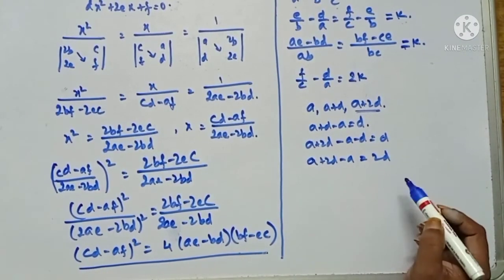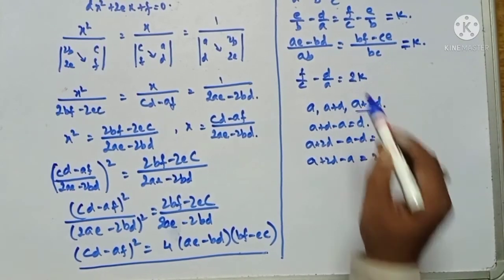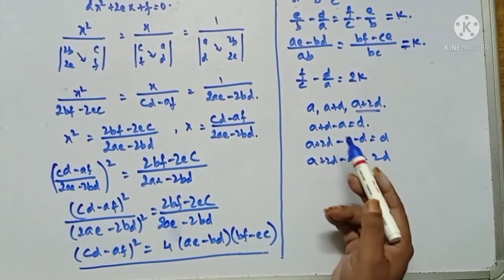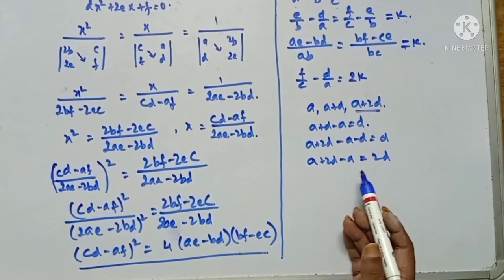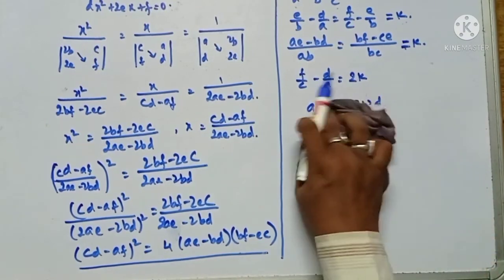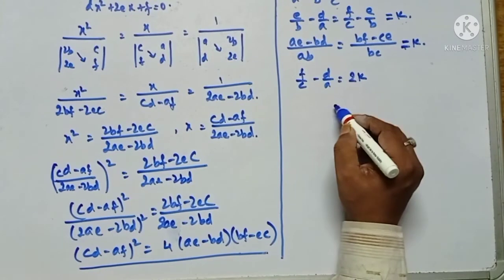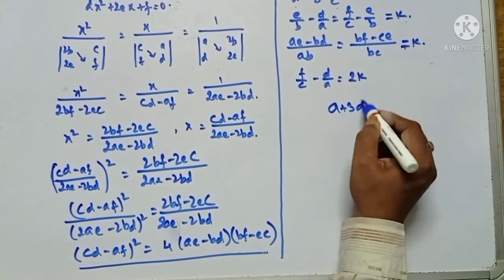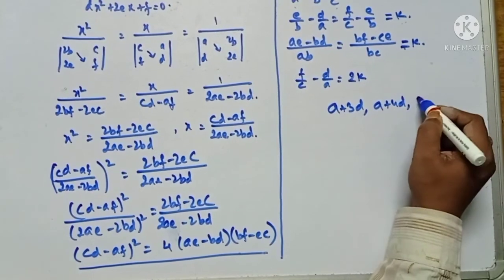Now I think it is clear why this is 2k. If you take the general term, it is clear. Or you can also take A plus 3D, A plus 4D, and A plus 5D.